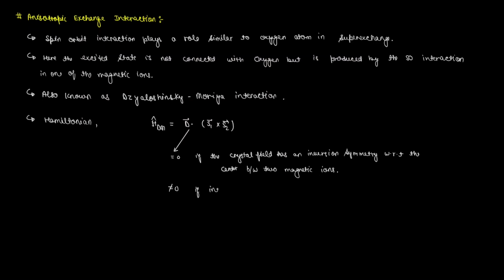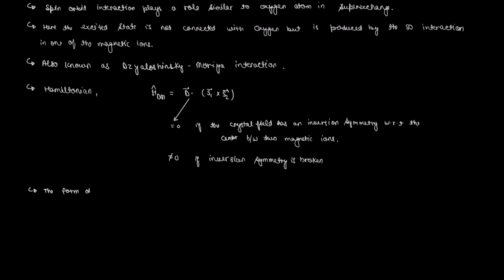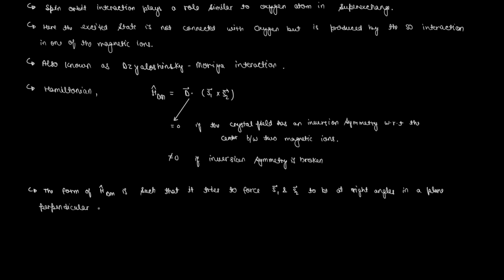But its value is non-zero if the inversion symmetry is broken. Now the form of the interaction is such that it tries to force S1 and S2 to be at right angles in a plane perpendicular to the vector d, so that the energy is negative.